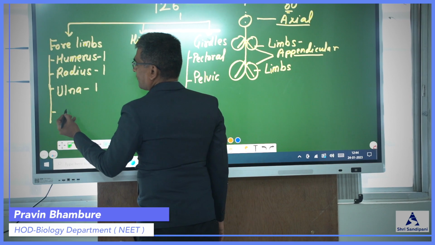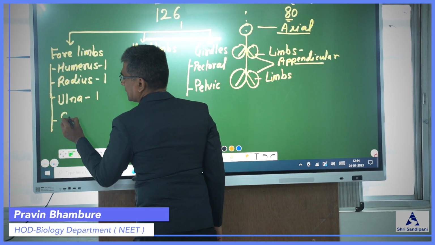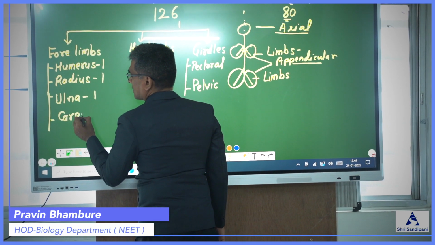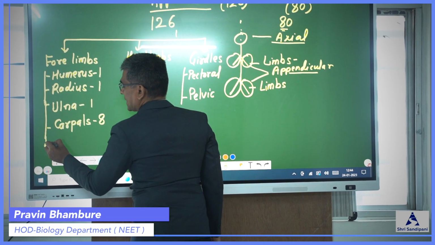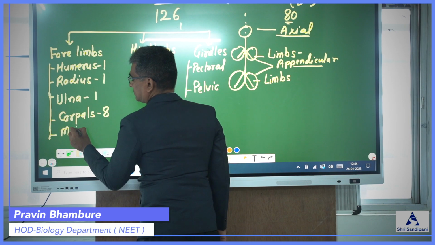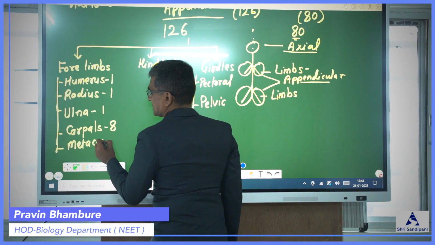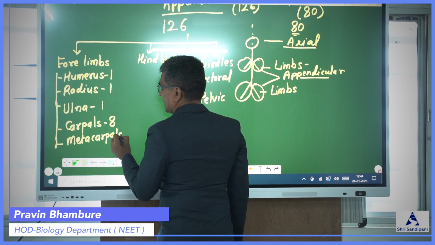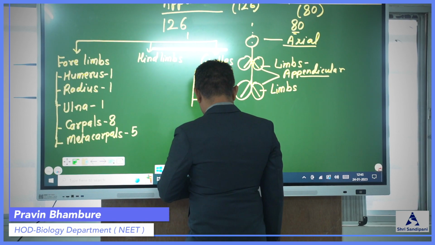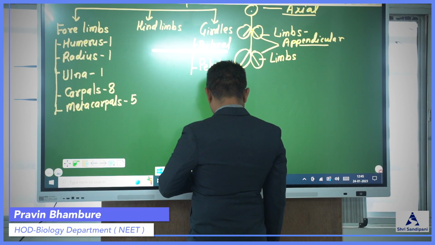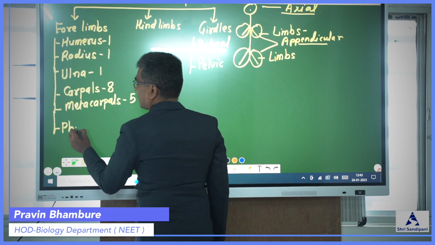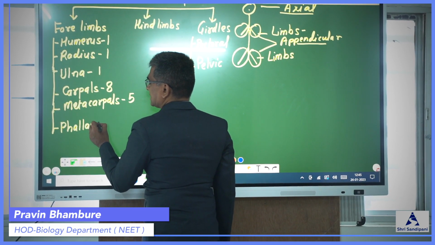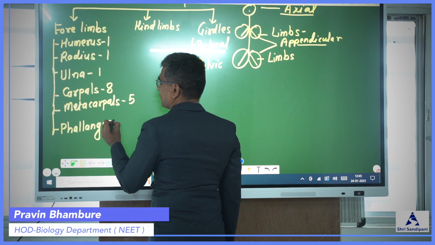Then we talk about carpals, and there are 8. Then metacarpals, and they are 5 in number. And last we will talk about phalanges. Phalanges are the bones present in your fingers.